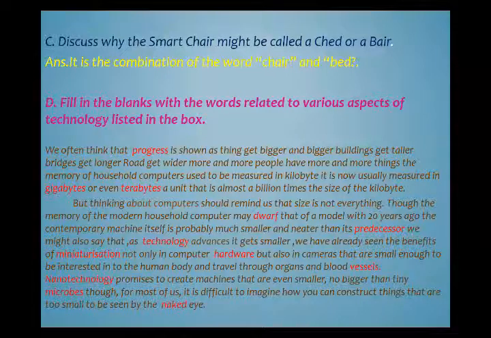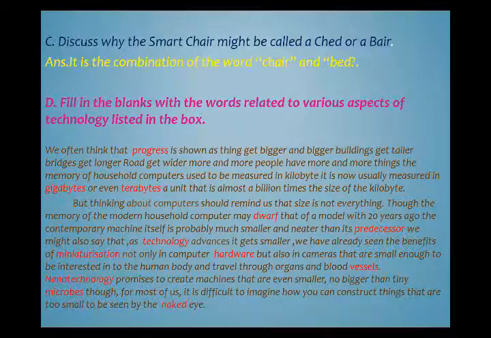We might also say that as technology advances, it gets smaller. We have already seen the benefits of miniaturization, not only in computer hardware but also in cameras small enough to be inserted into the human body and travel through organs and blood vessels.